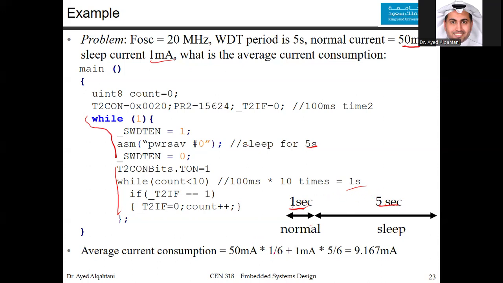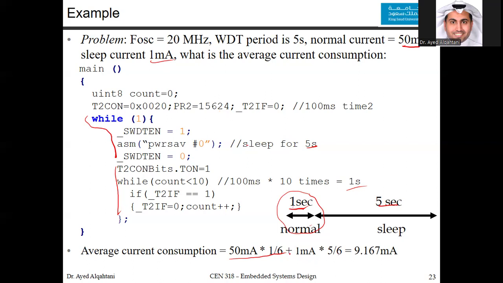So 1/6 of the time, you multiply by 50 milliampere. And 5/6 of the time, you multiply by 1 milliampere for the sleep.